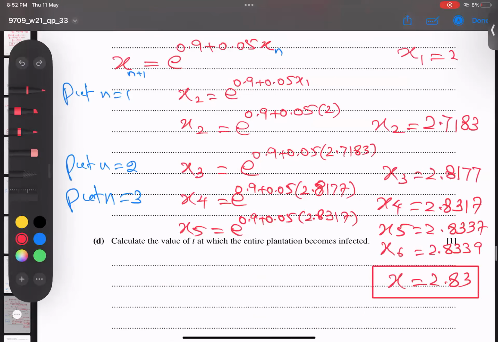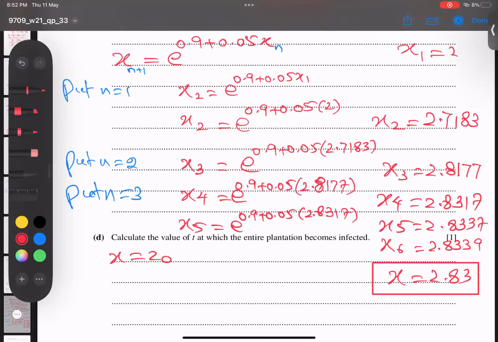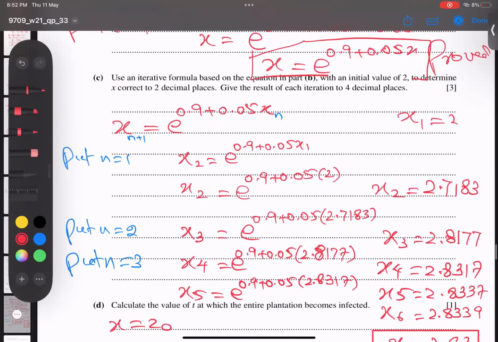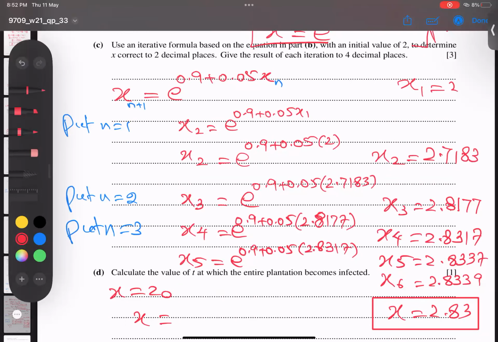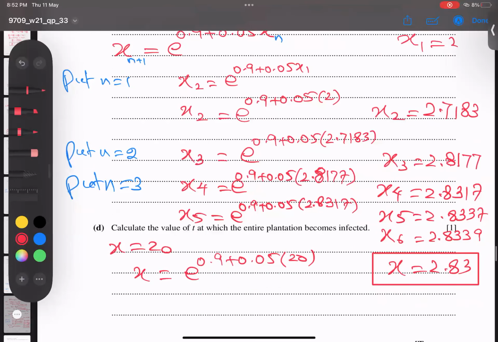And if I plug in x value 20 in formula, it is coming here e to power 0.9 plus 0.05 into 20. And 20, it means after 20 iterations.